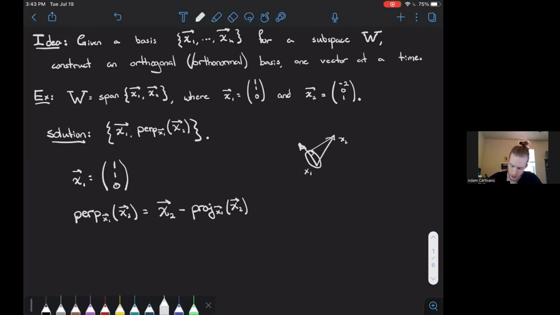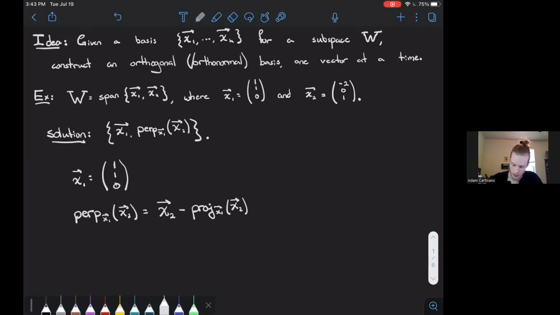And by vector subtraction, whatever the other thing is, that's perp x1 of x2. This is what we talked about in the last video. The idea is that that thing is now orthogonal to x1, but is still inside the subspace W, and so we want to go and construct it.